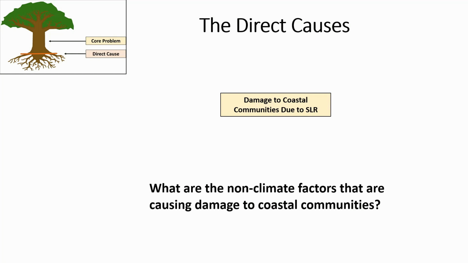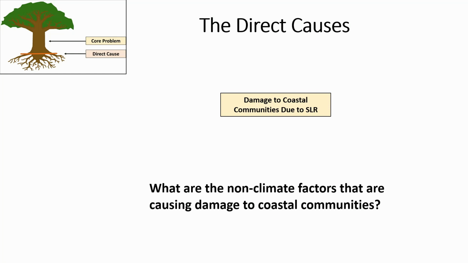So now, before we go any further, I want to make sure that we understand that doing the problem tree should be a participatory process. It should involve a variety of stakeholders because different stakeholders have different perspectives on the problem, and those perspectives are valuable. And they also have different information that they're going to bring to the table. So we want to make this process as participatory as possible to keep us from having tunnel vision, because we go into problem identification exercises with a lot of preconceived notions.